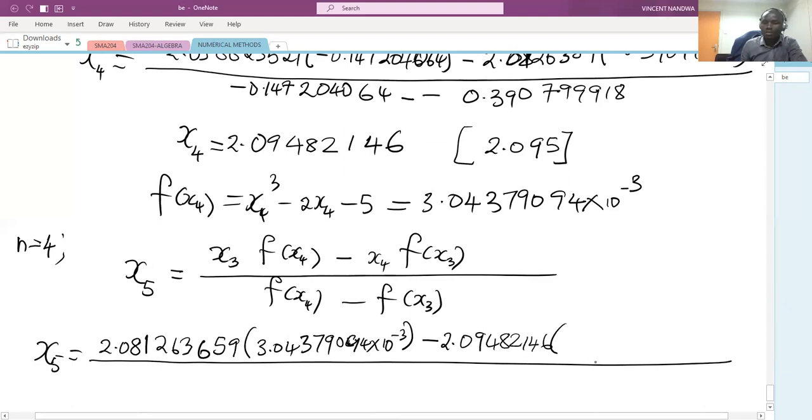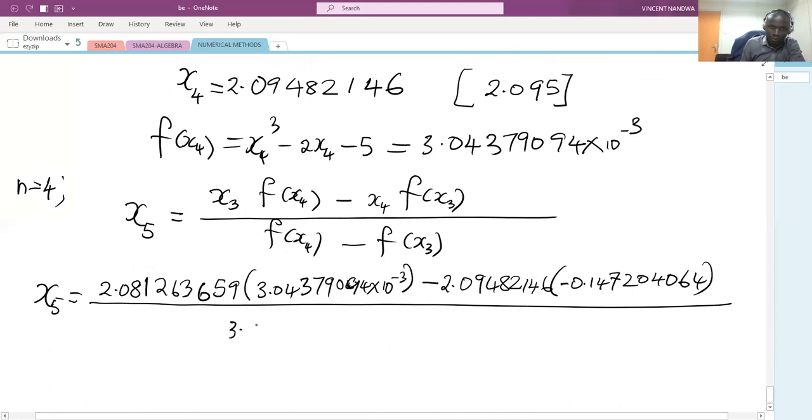From our calculation, we had f of x3 as minus 0.147204064, all divided by 3.04379094 times 10 raised to the power minus 3 minus 0.147204064.